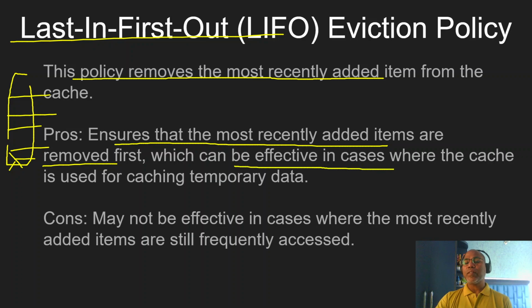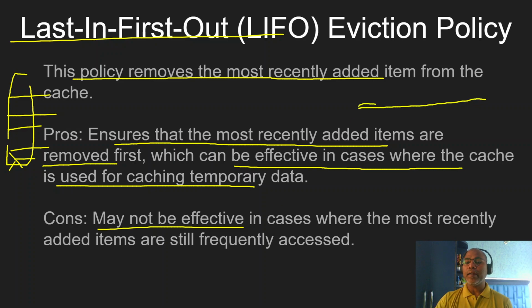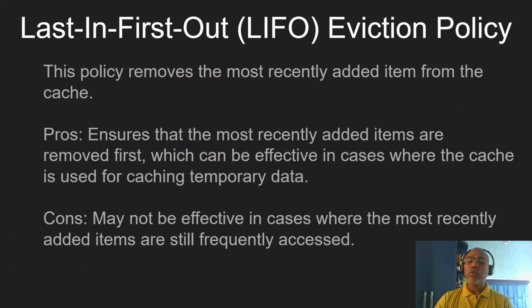This can be effective when the cache is used temporarily, but it may not be effective if the last data you added and removed is needed again, because someone mostly uses the last one. So this is also not a very effective eviction policy. We have to put in some intelligence, not just the simplest way to implement, but based on what problem we are solving.